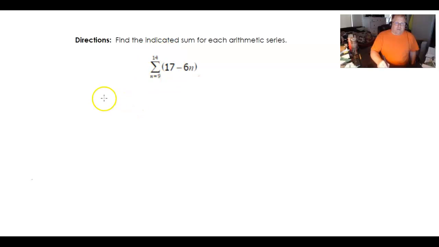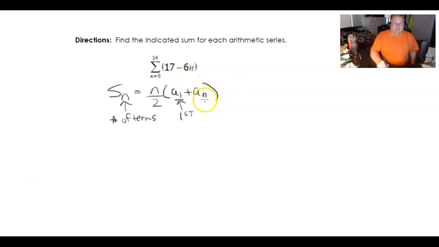Alright, so now what we're going to do is we're going to solve this thing. We've got to figure out some things. First of all, let's write down the formula and remind ourselves what everything stands for. This stands for the number of terms that we're going to sum up. These two numbers are the same ones. Now, this means the first term in the things that we're adding up, and this is the last term.